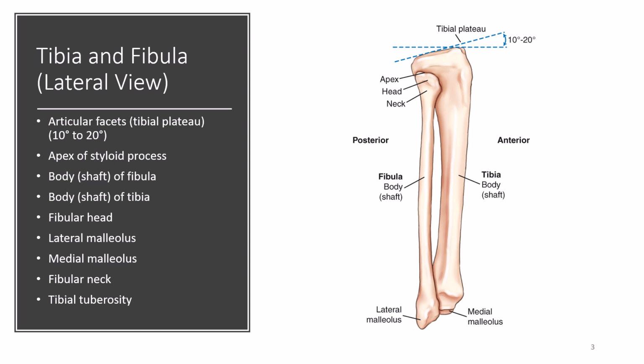We can also see this in a lateral view. This is figure 6.18, and we also spoke about the fact that the tibial plateau sits at a 10 to 20 degree slope posteriorly. The reason that's significant is because when we angle the tube on an AP knee, the purpose of the angle is to be parallel to the tibial plateau.